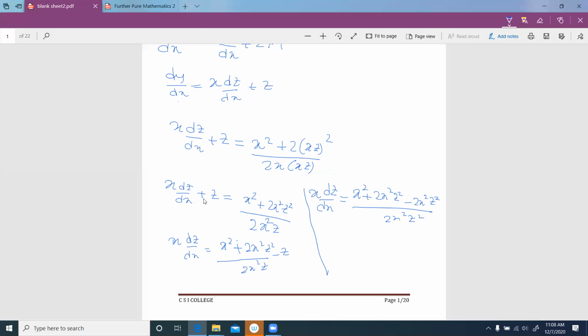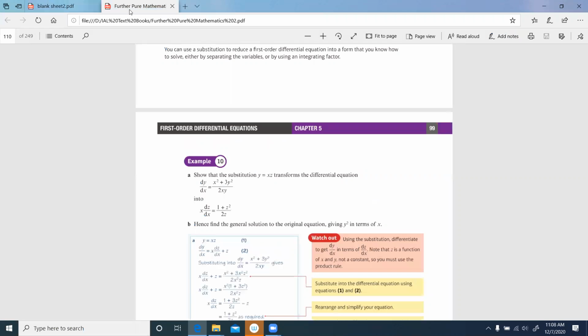So you can understand that these two terms cancel, turning into x dz by dx equals x squared over 2x squared z. Right, I think that's the answer we need.